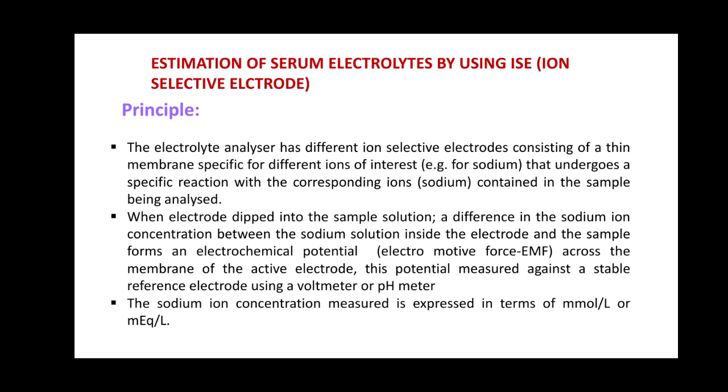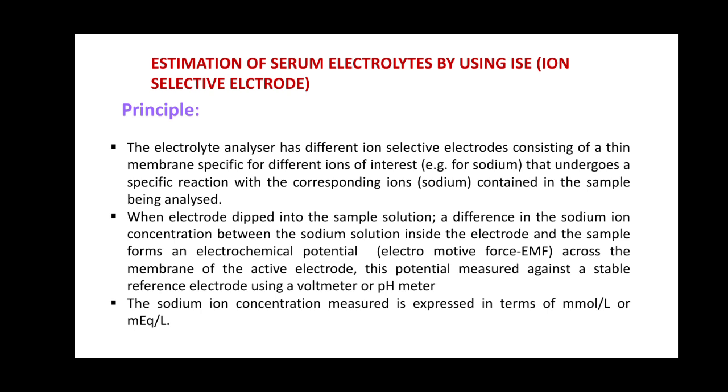So there are different ion selective electrodes for the specific ions, and when the electrode is dipped into the sample solution, a difference in the sodium ion concentration between the sodium solution inside the electrode and the sample forms an electrochemical potential, also called electromotive force, across the membrane of the active electrode.